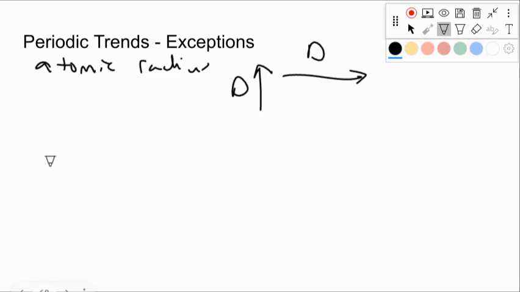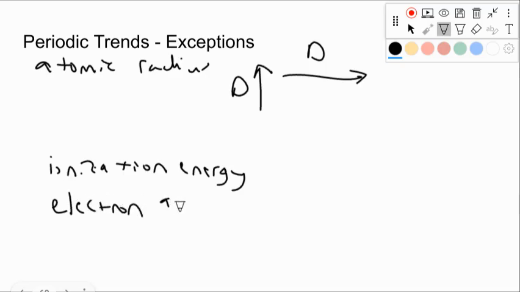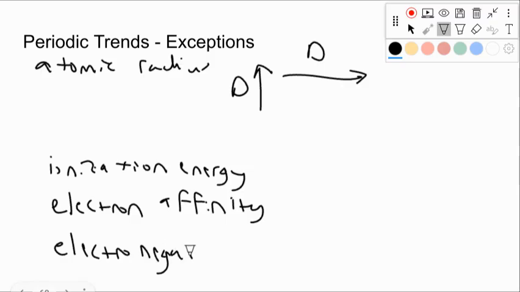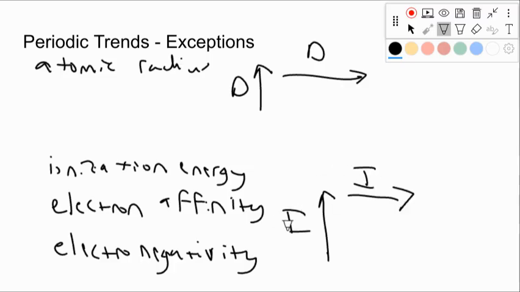The other trends, so ionization energy, electron affinity, which, like I said, very rarely do we hear questions about, or electronegativity, which is the one that we talk most about because it's the one that's about chemical bonding. They are going to be increase up, increase across. That's what we call as our general trend.